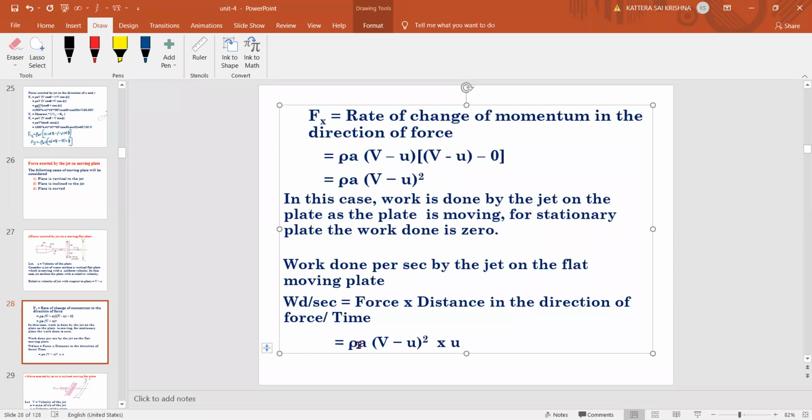So the work done per second is equal to force into velocity of the plate. Remember it that way, it is very easy to remember: force of the jet on the plate into velocity of the plate. That is u, always the plate velocity. Finally, you get the work done per second as rho a into (v minus u) whole square into u.